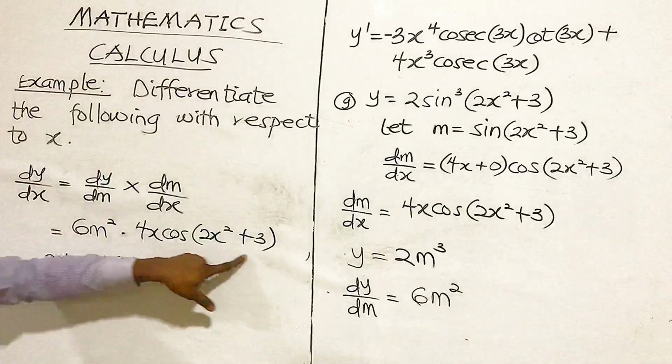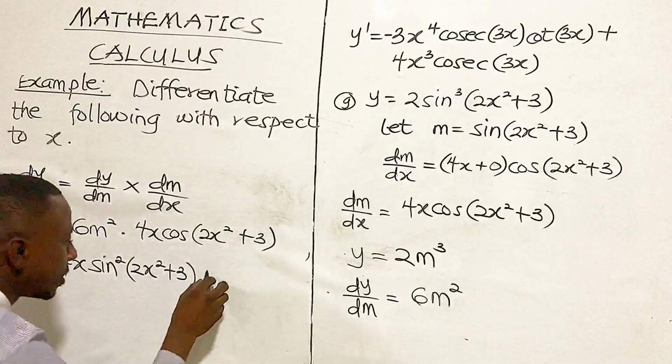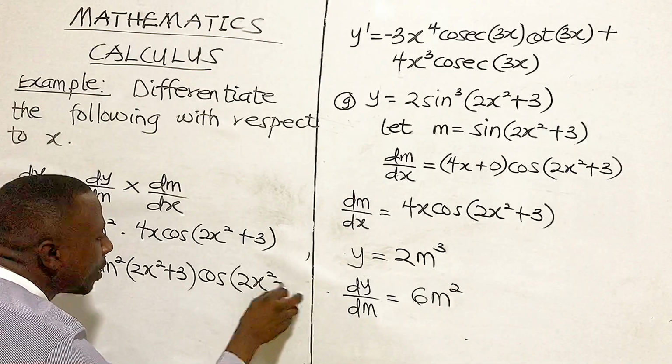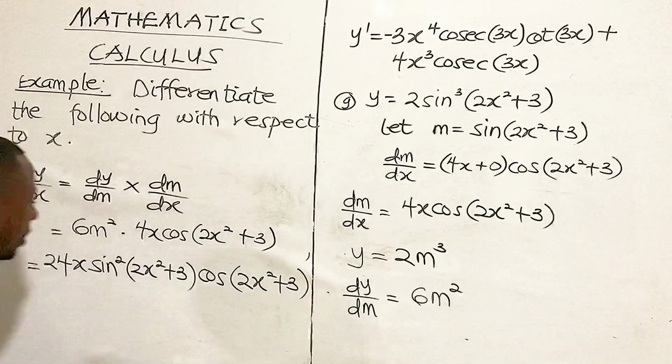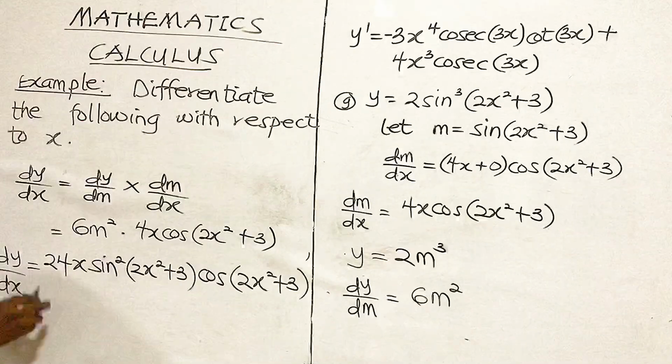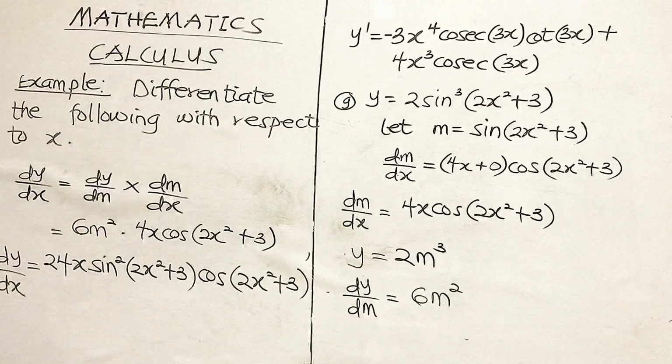Then I'll just continue with the cos, which is cos of 2x squared plus 3. And this is my dy over dx. This will be the final answer.